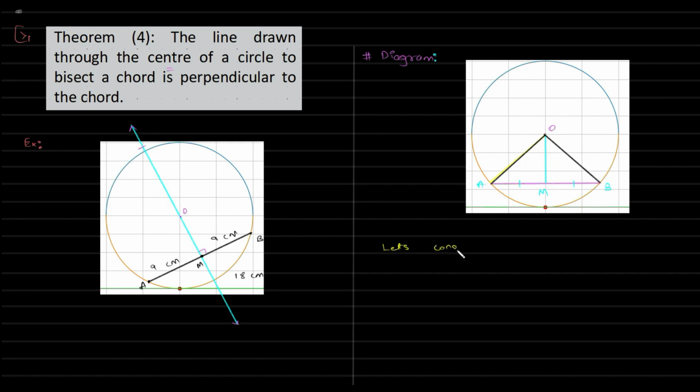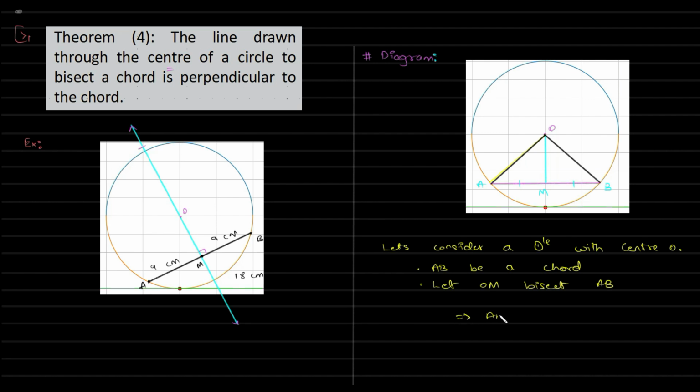Let's consider a circle with center O. AB be a chord. Let OM bisect AB.